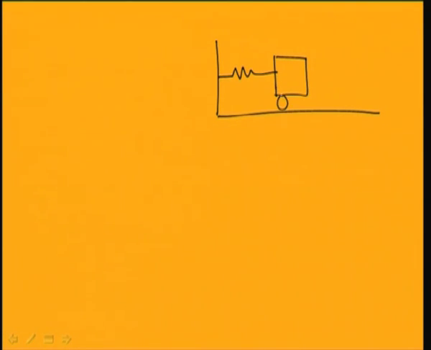So, this is mass 1 and this is mass 2, and they are connected by the spring. This is spring K1, this is spring K2, and this is M1, this is M2, and my aim is to find the principal coordinate system of this system.